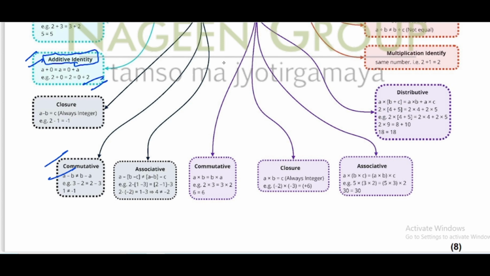It means the difference between A and B is not equal to the difference between B and A. Second is associative property. Subtraction of integers does not obey the associative rule. It means A minus (B minus C) is not equal to (A minus B) minus C.